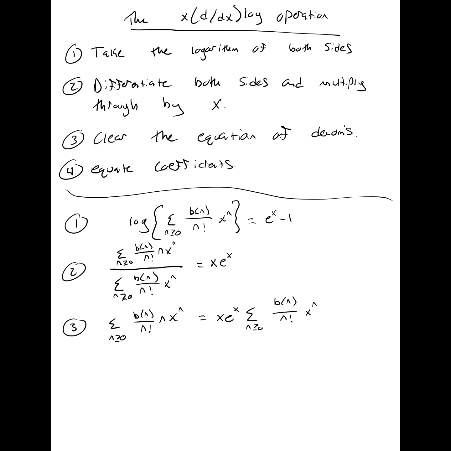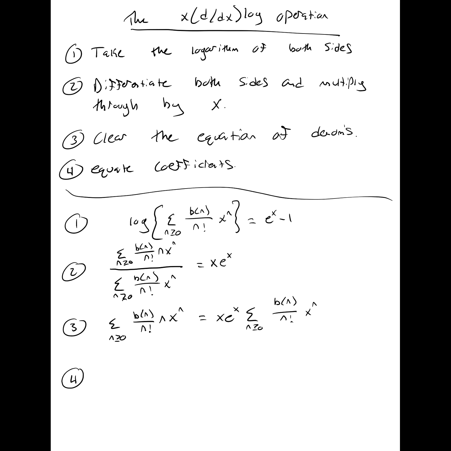It's hard to see this in the moment, and for now we're just going to have to trust the process and understand that multiplying this x e to the x, which we can expand out as a power series, by this power series, there's a general formula for that. I'm not going to walk through that at the moment.